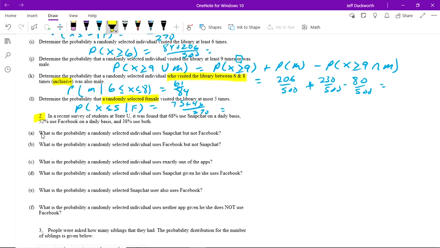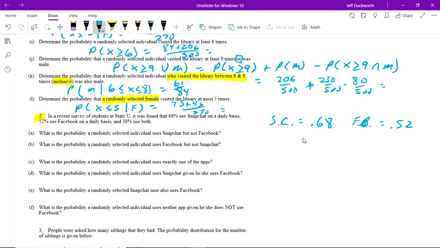All right, so let's just write this information down. We want Snapchat, that equals 0.68. 68%. Facebook, that's 0.52.